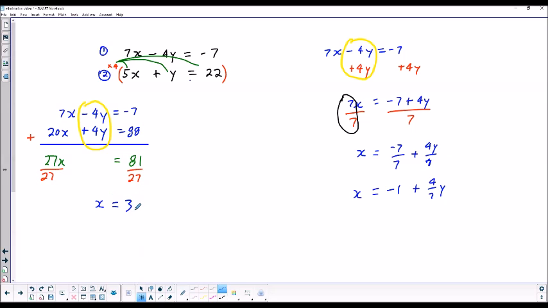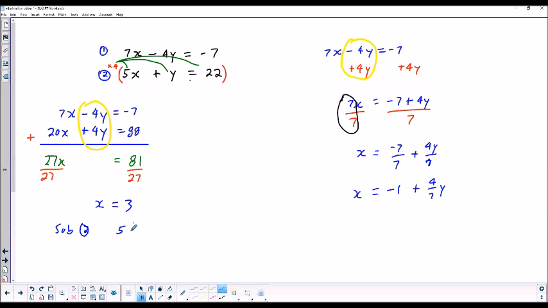Now that x equals 3, all I have to do is substitute into the equation that will give me the least amount of work. Even though I already used equation 2 before, it doesn't matter because we've done elimination. I'm going to substitute into equation 2 because the coefficient of y is already just 1, so I'll have less work to do in the end.